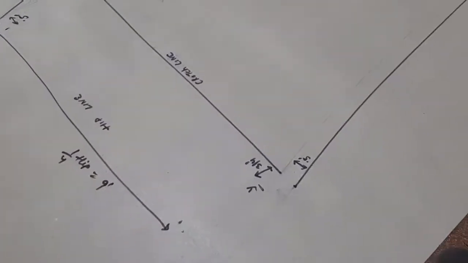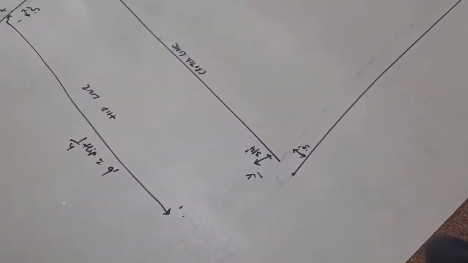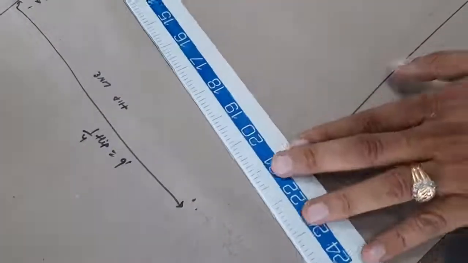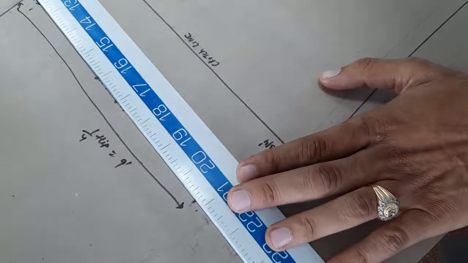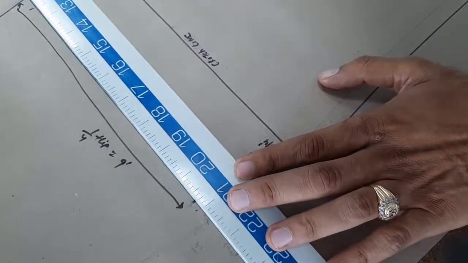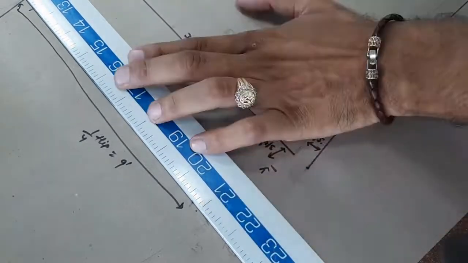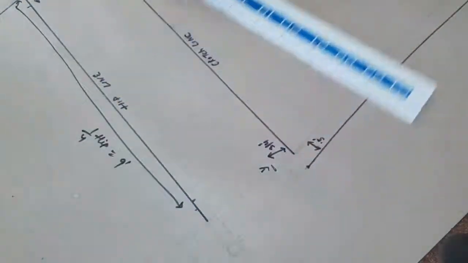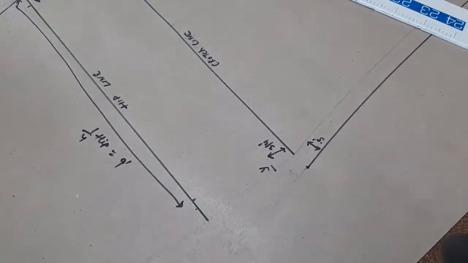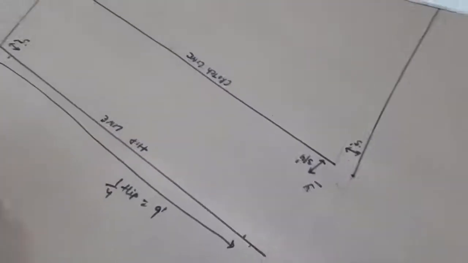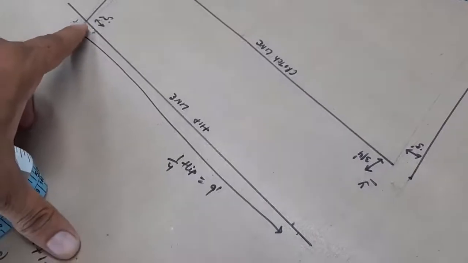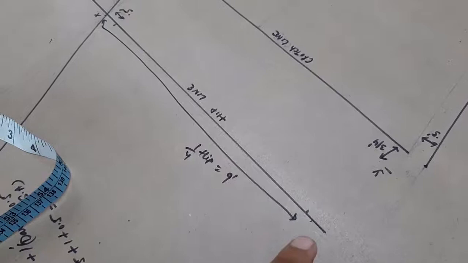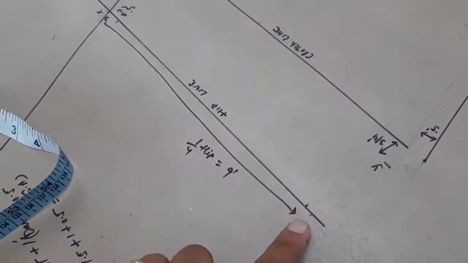You can see here we have marked a point on this hip line. On this hip line, simply click on this X, this intersection point, and mark a point 9 inches.